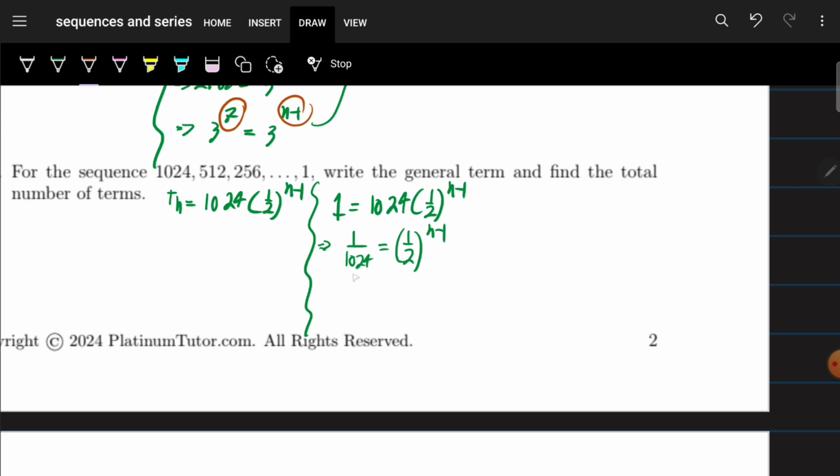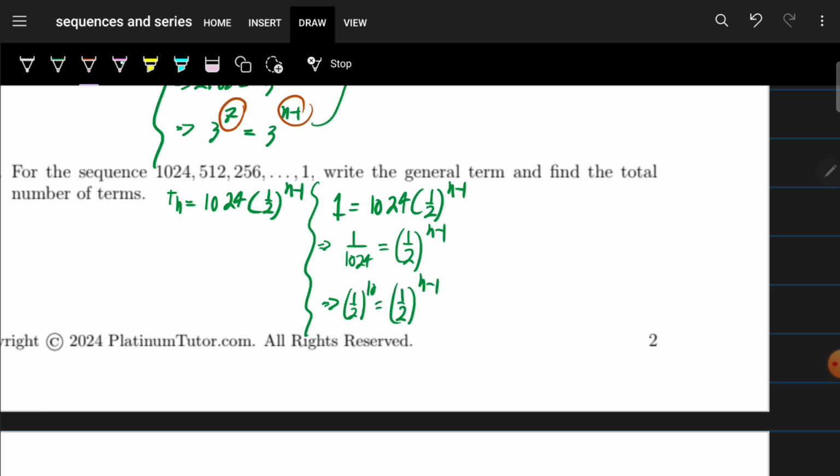Okay, so maybe you guys remember this one as well, but 1024 is 2 to the power of 10. Okay, so I can write that this is 1 over 2 to the 10, which is the same as just 1/2 to the power of 10. And that's equal to 1/2 to the n minus 1.